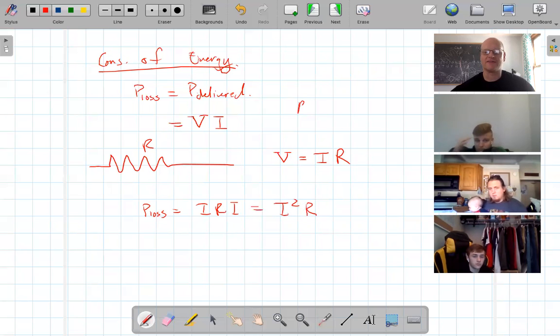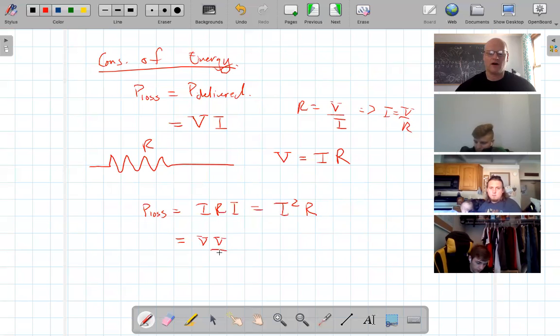Or I can rewrite the current. Let's do it this way. I is equal to V over R. So this is going to be V times V over R, which is the same thing as V squared over R. So any one of these is equivalent.